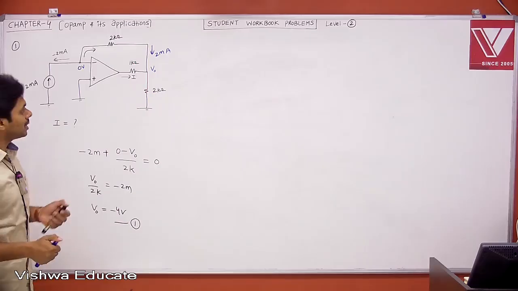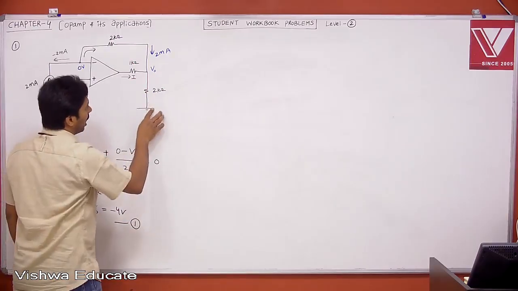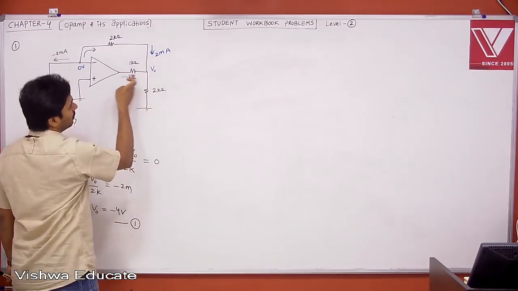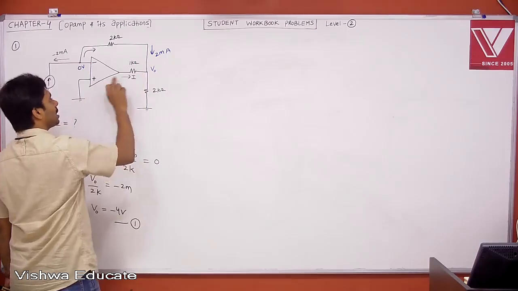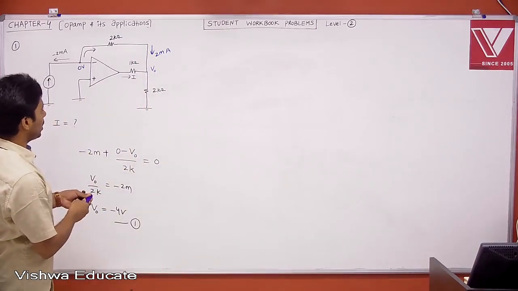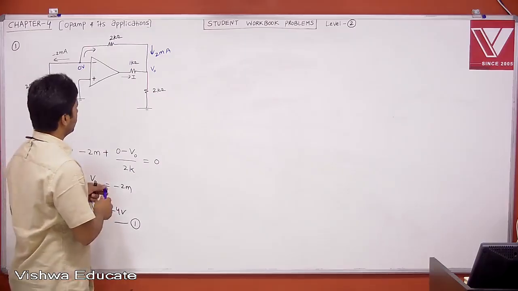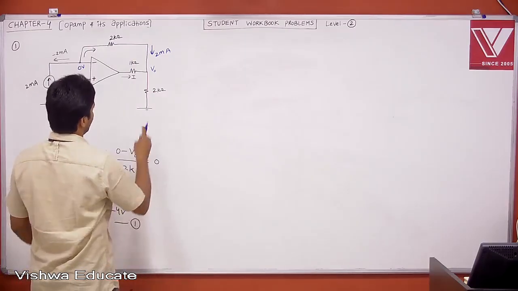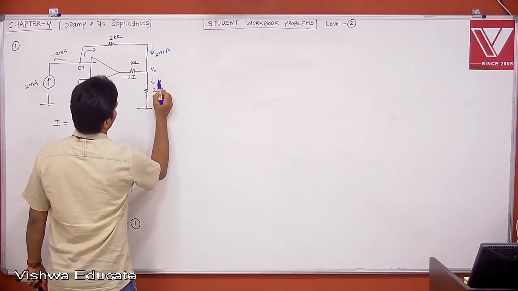Now what I do, I will apply KCL. If I know this current and if I know this current, can't I find the current which is flowing like this or coming out? Therefore, now when I say that is your 2 milliampere, then tell me what this current is. Let us say this current is nothing but I1.